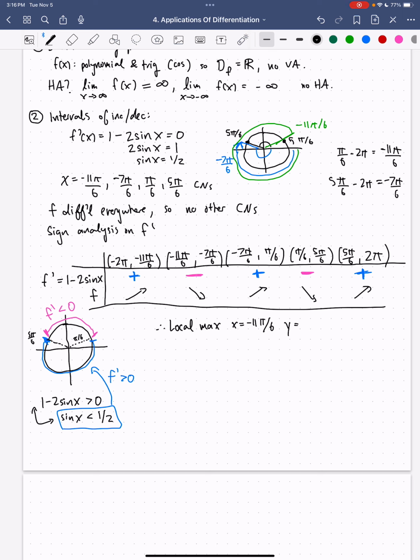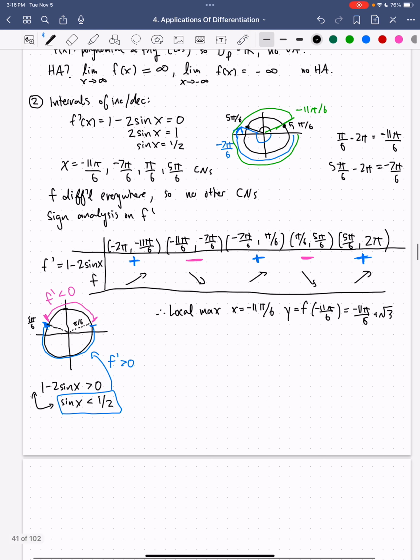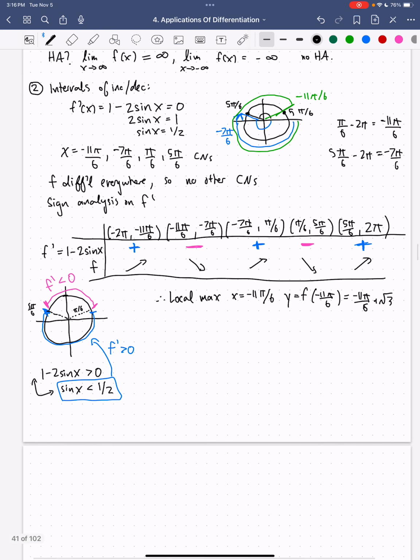The y value is f of negative 11 pi over 6. I won't work out the intermediate step, but you can double check that that ends up being negative 11 pi over 6 plus root 3, whatever that number is. Now later on when we're sketching, we'll have to make a guess, and I'll show you what we'll do for that.